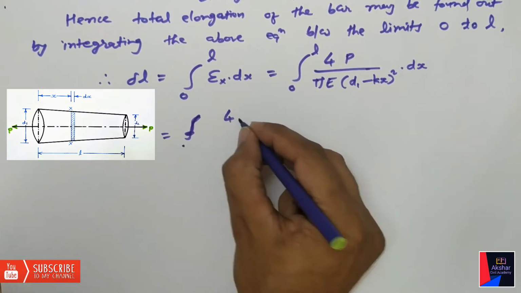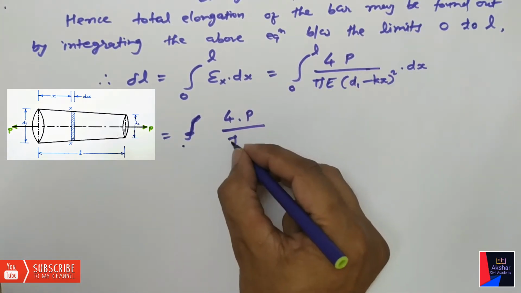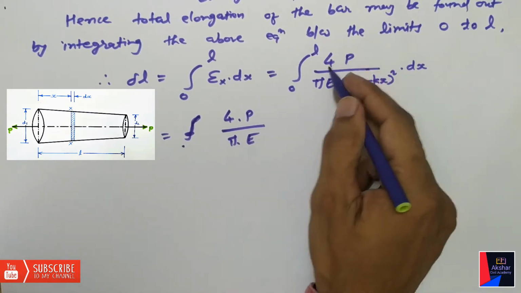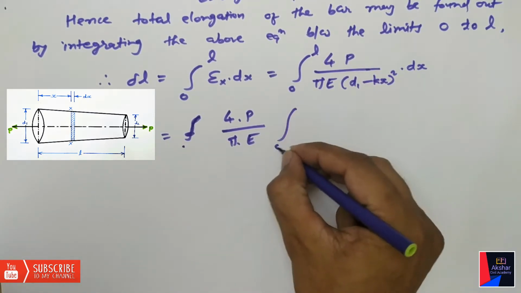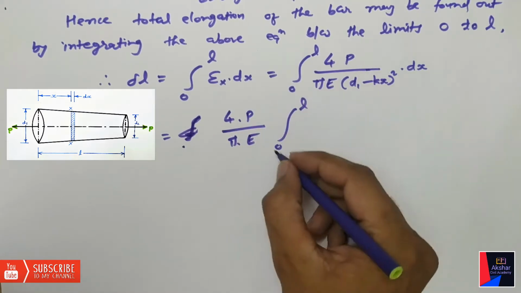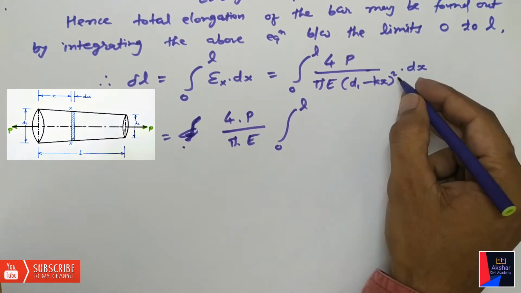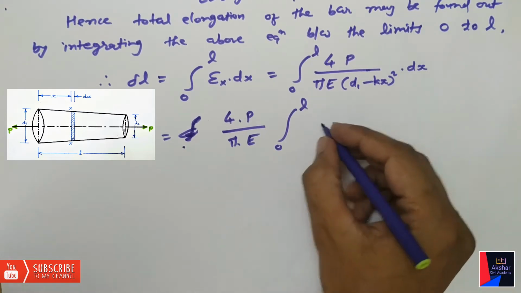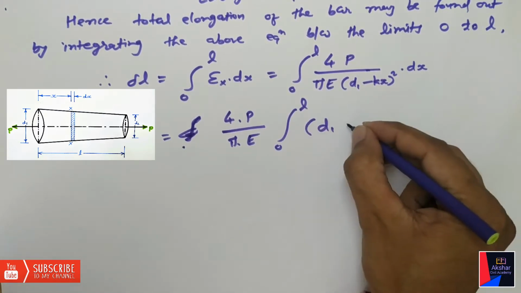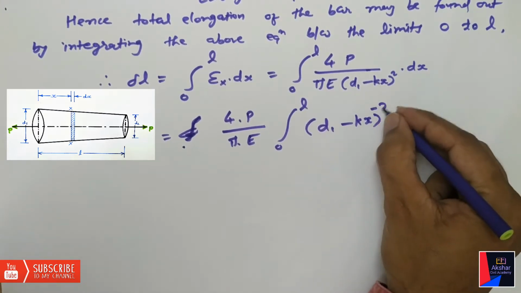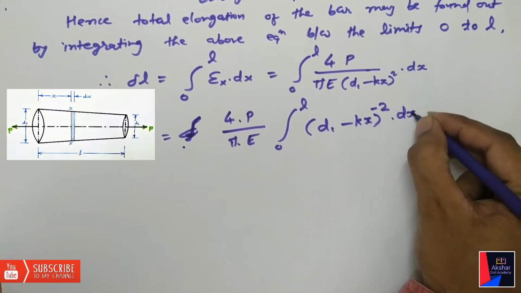So we can write 4 into P upon pi E, these all are constants, integrating from 0 to L only. d1 minus kx squared is in the denominator, so we can write it as d1 minus kx raised to minus 2 dx.